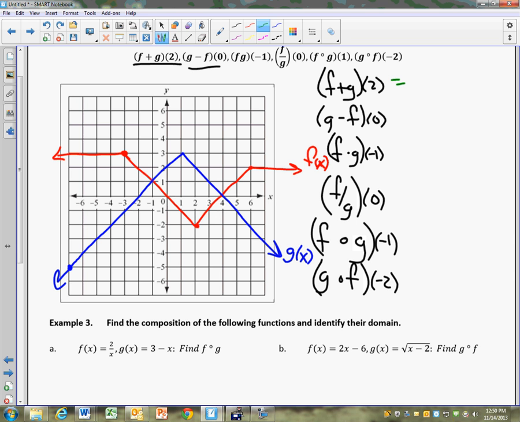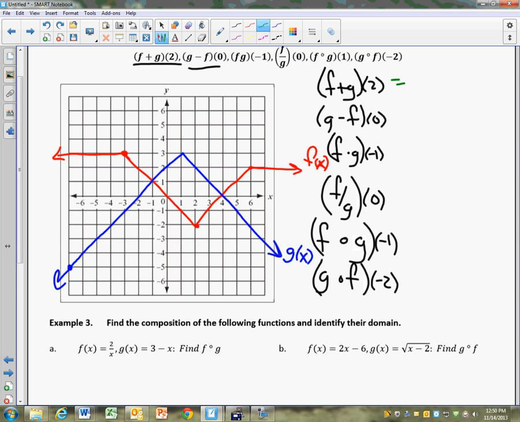So now we want to do f plus g of 2. If the graph in red is f and the graph in blue is g, how do you think I do f plus g of 2? I go to 2 and I look at the outputs. What's the output of f? Negative 2. What's the output of g?